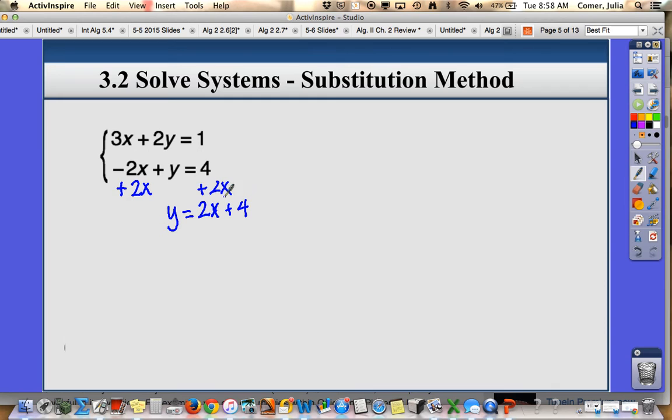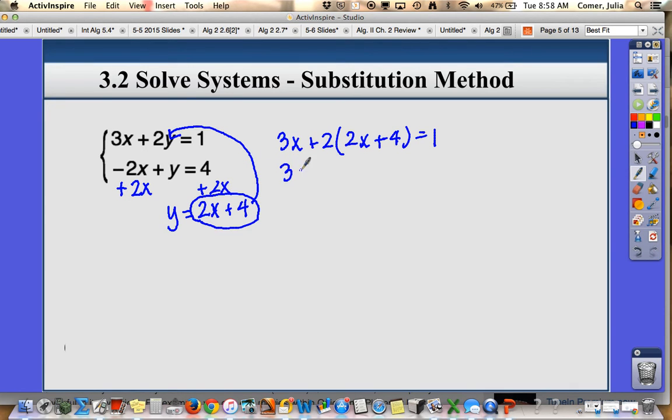Now if I use this equation in the top equation, it's going to look pretty similar to what we've done in the past. So I'm going to substitute this 2x plus 4 in for the y of the top equation. And working over to the side, I'm going to have 3x plus 2 times that quantity, 2x plus 4, equals 1.